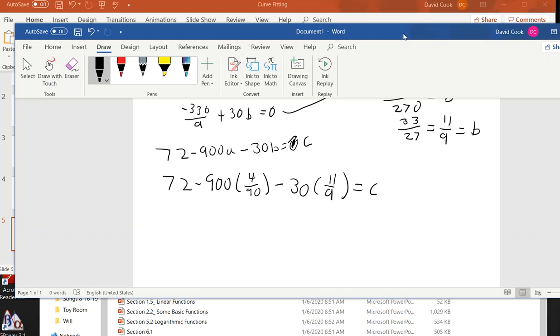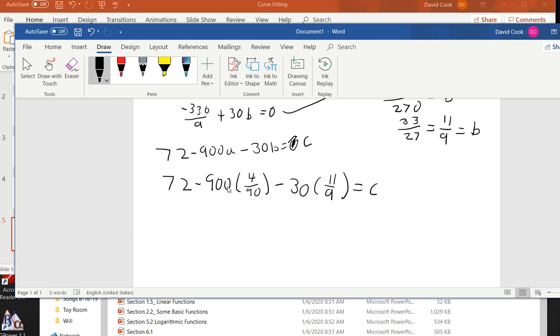So going back to the original, 72 equals A times 30 squared, which is 900, plus B times 30 plus C. I'm rewriting it in terms of C, and then I know what A and B are, and I can plug those in and get this result. Let me erase this and actually solve for C.